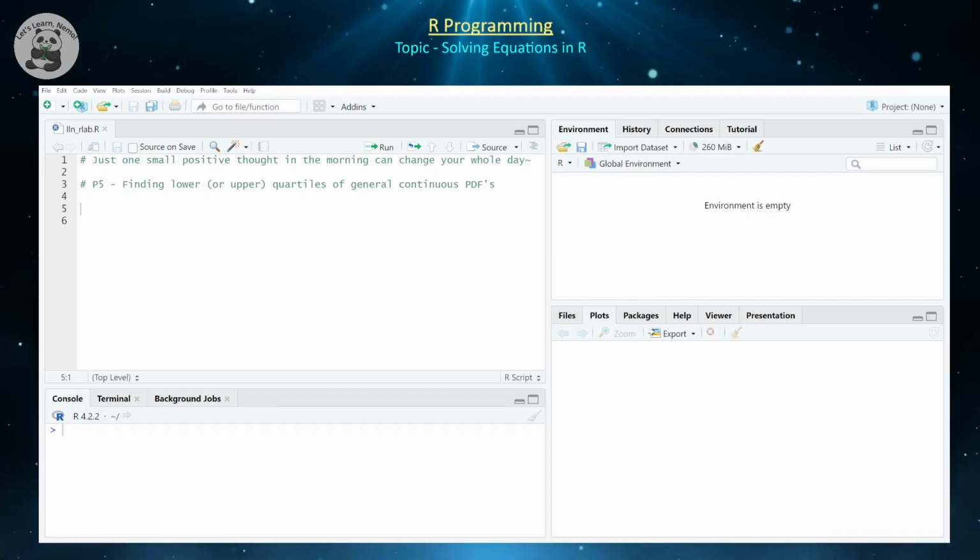The last problem that I want to look at today in terms of solving equations in the R language is how to find lower or potentially upper quartiles of general continuous probability density functions, which, if you know anything about, requires a bit of integration in order to find, especially if it doesn't have a closed form antiderivative, which can get a little bit messy.